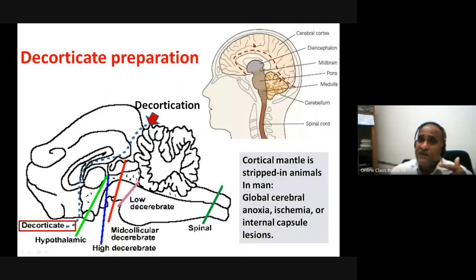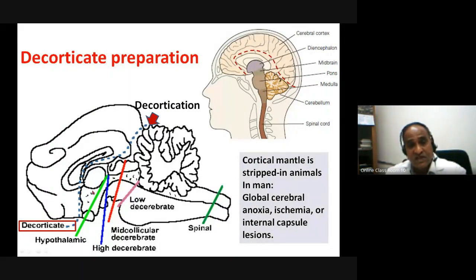This can happen in global cerebral ischemia, in which the neurons die and the cerebral cortex may die, or in anoxia, or, as I said, in an internal capsule lesion, in which the incoming fibers are cut or disassociated from the cerebral cortex downward. Those are the three components I have mentioned: global cerebral anoxia or ischemia, or internal capsule lesions, which all produce the decorticate preparation in man. In animals, it is a stripping of the entire cortical mantle.